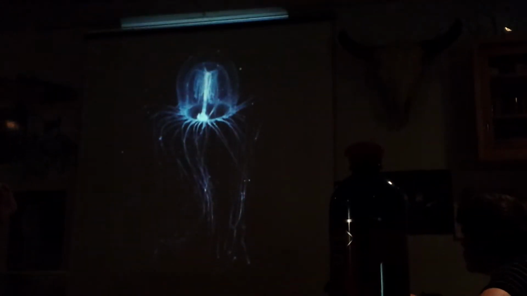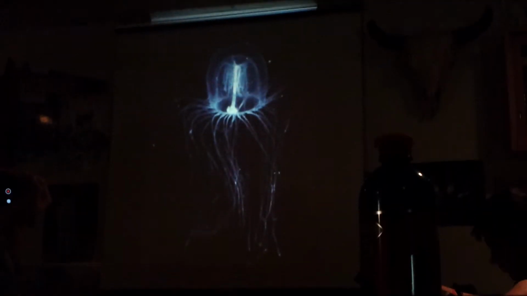We've got two types of anemones here. Little colonial ones, big solitary ones. Both have the genus Anthopleura. This is Anthopleura elegantissima and Anthopleura xanthogrammica. Just a jellyfish.